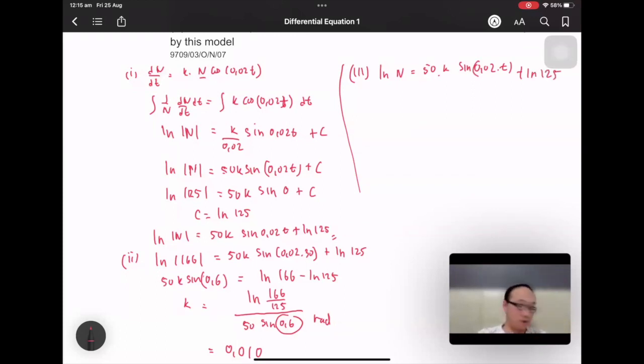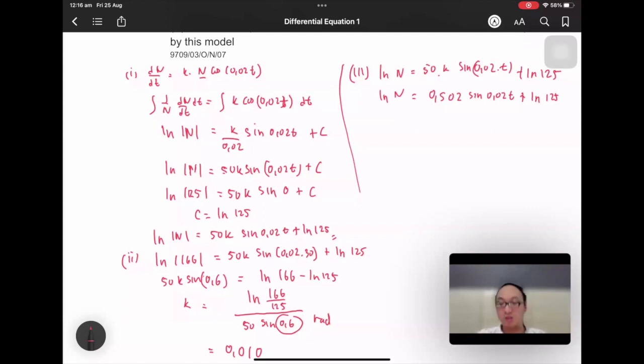So we use the original value of K, multiplied by 50. So this equals 0.502 sine(0.02t) plus ln 125.